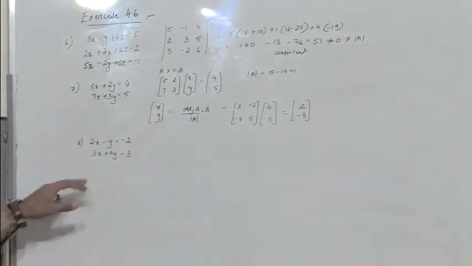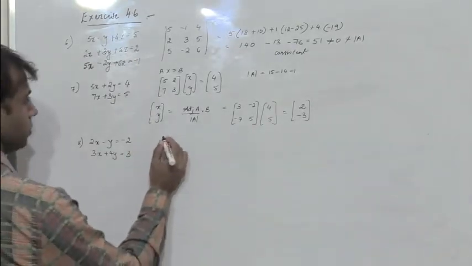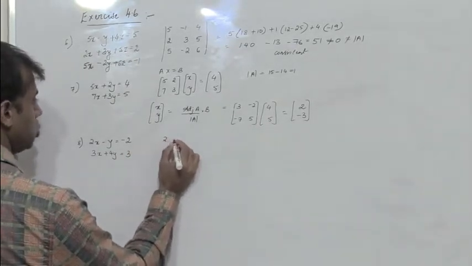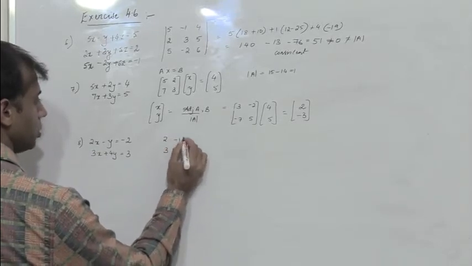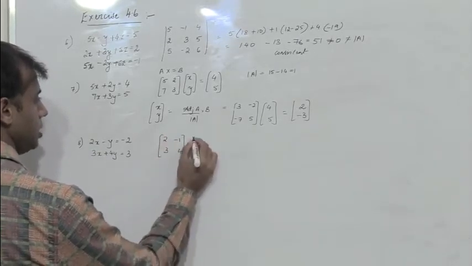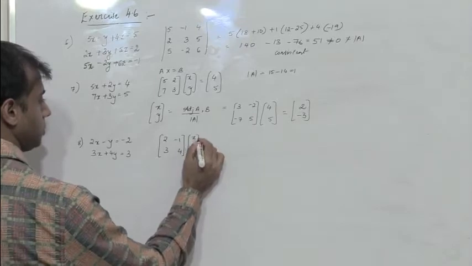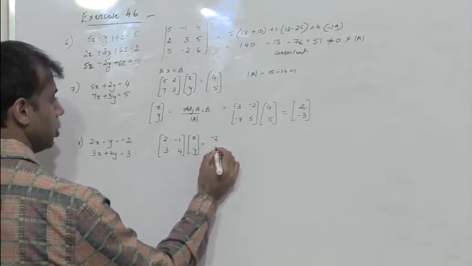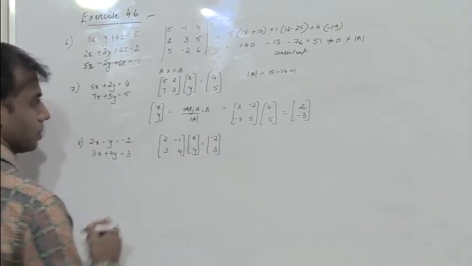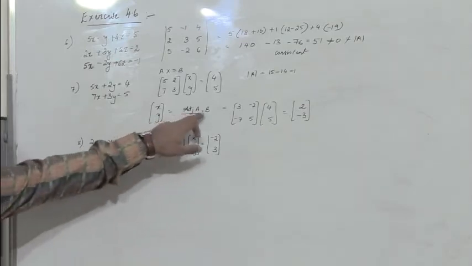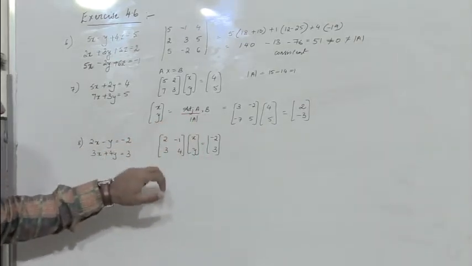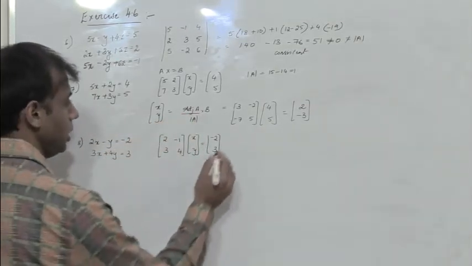So again the next problem, find the solution. So we have 2 minus 1, 3, 4, into x, y, and that is equal to minus 2 and 3. Right? So xy is adjoint A into B divided by determinant A. So what is adjoint A?